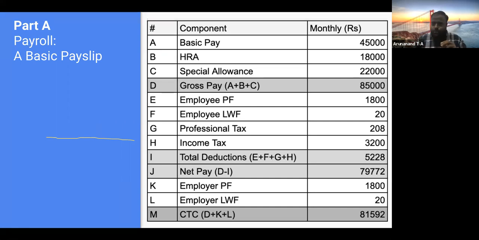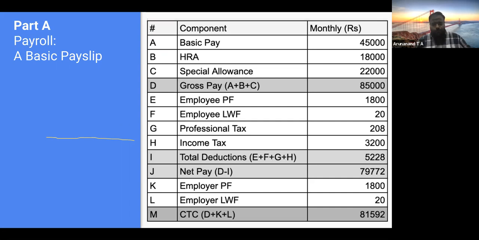So from the gross pay, you deduct these employee contributions, E, F, G, and H, and what you get is the net pay. So on row J, you can see there is net pay. Net pay is nothing but gross minus the employee contributions, okay? So when we say the salary of an employee, what we actually mean is the gross pay of the employee.